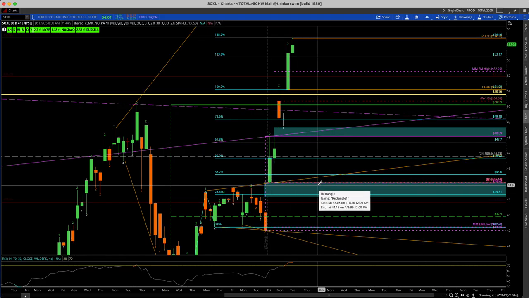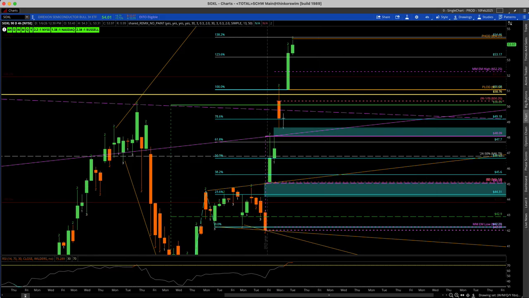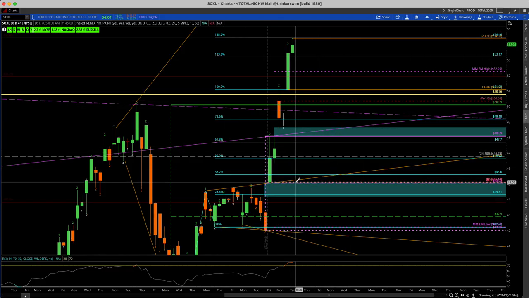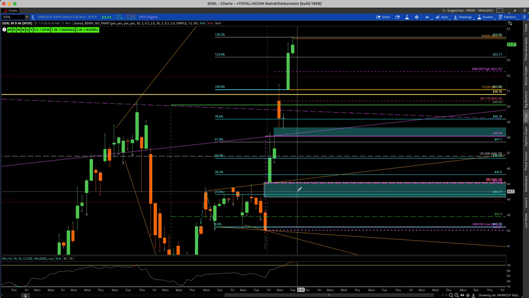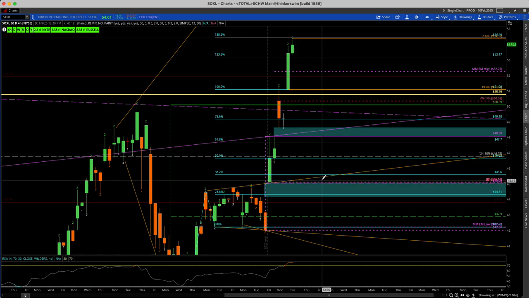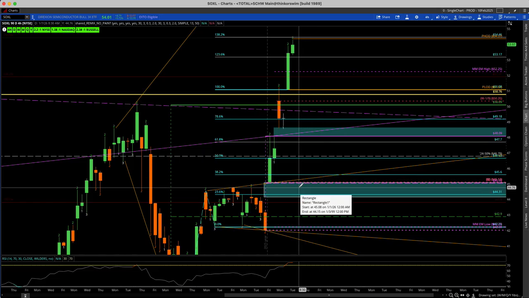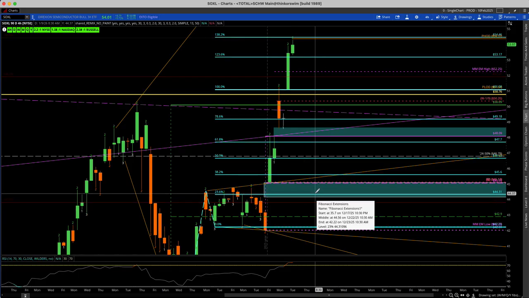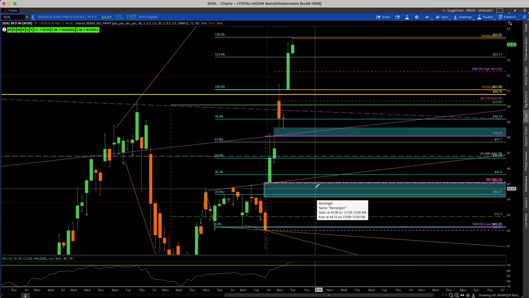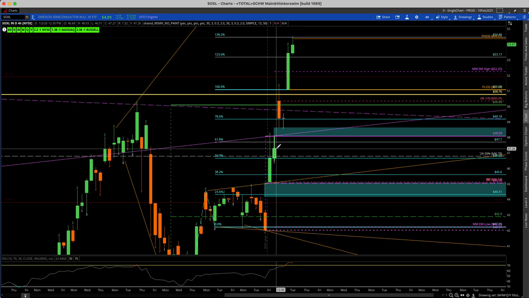So if we go below this level, not only will we have flipped the week red, which goes right up here at 50.35, but then we will have the week, month, quarter, and year that are all red. Full time frame continuity to the downside. Advantage bears at that point, and we've still got another gap here that can be filled as well. All right, so that's how it could snowball to the downside.